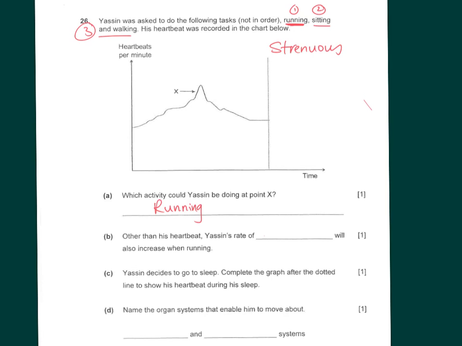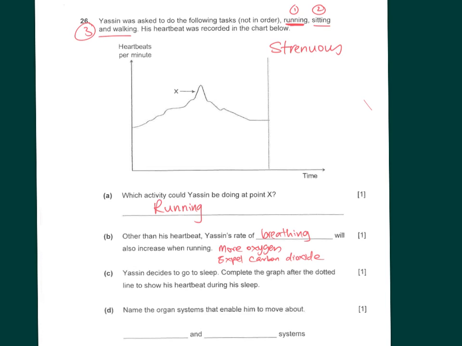So apart from the heart rate, when your heart needs to beat faster, the body also needs to take in more oxygen and expel more carbon dioxide. So therefore, our rate of breathing should also be increased.